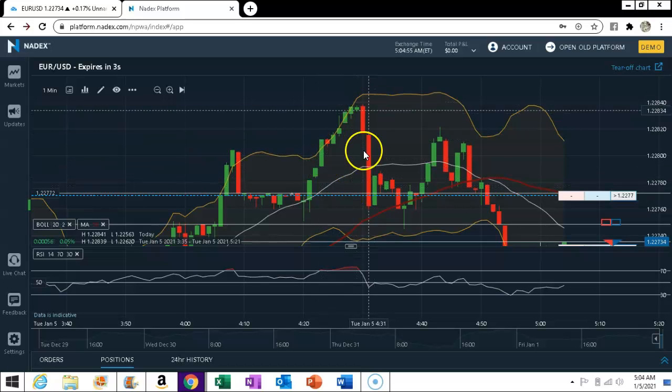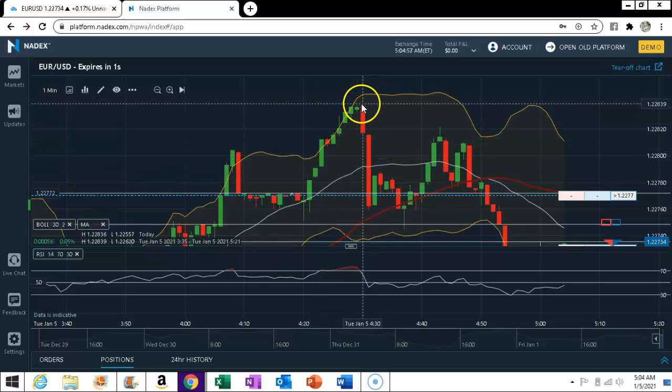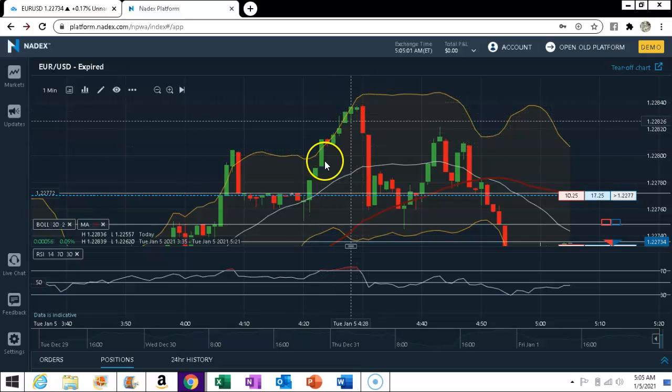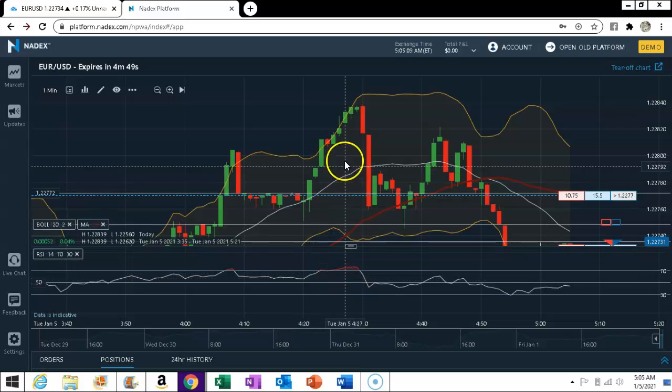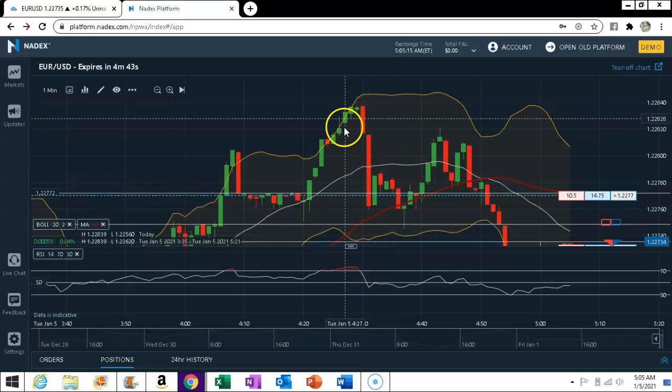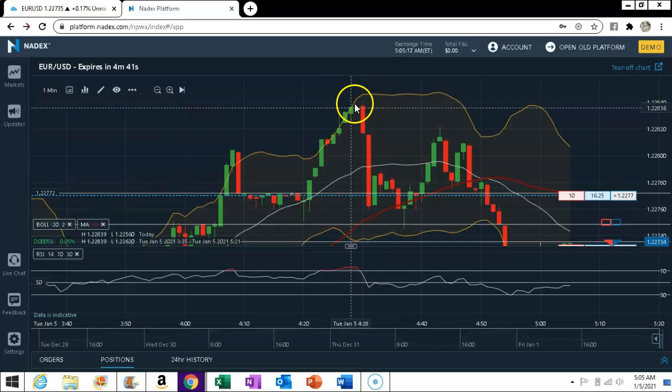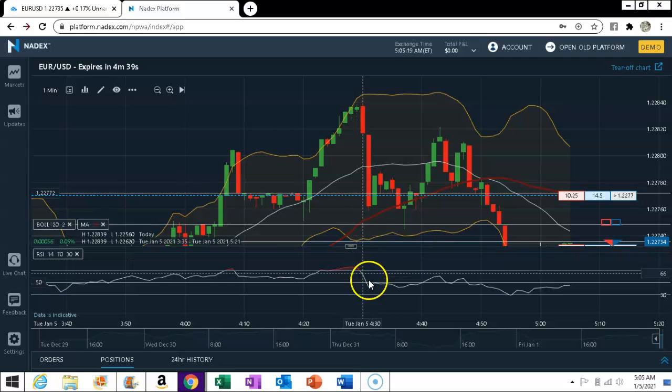It's definitely due to come down. But within this 5 minute period right here, it went from here all the way to overbought. So what I look for is for this to start curling to the downside. That'll let me know that it has exhausted itself and it's getting ready to drop like it did right here. It started dropping.